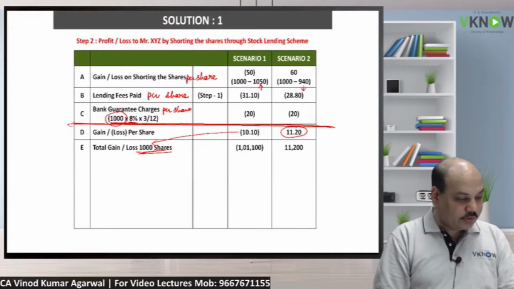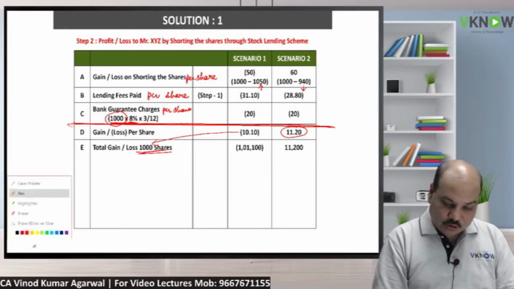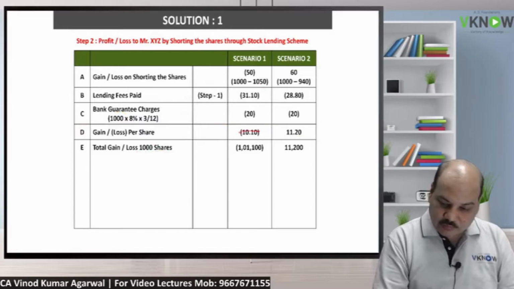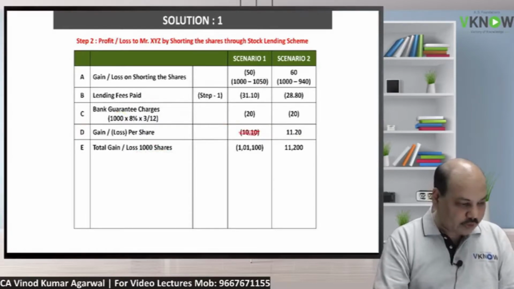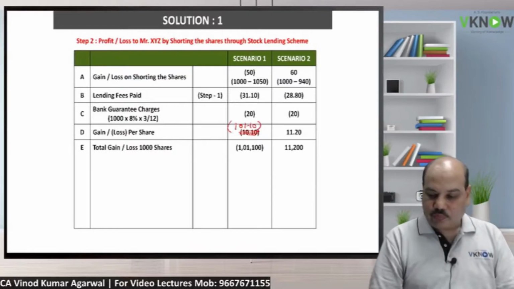Now wait a minute, there is a small calculation error, a typing error here. This should have been 101.10. Okay, this point number D, the total gain or loss per share is 101.10.